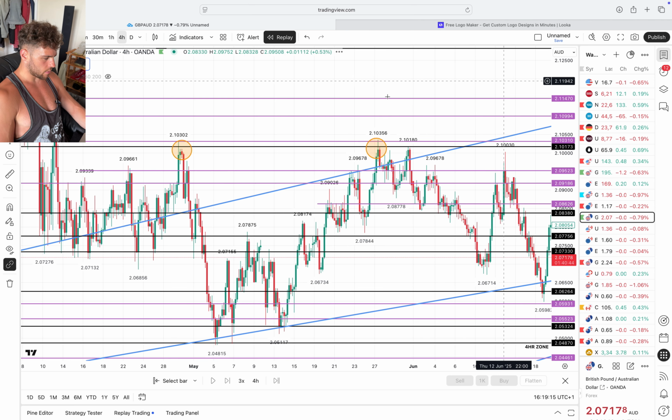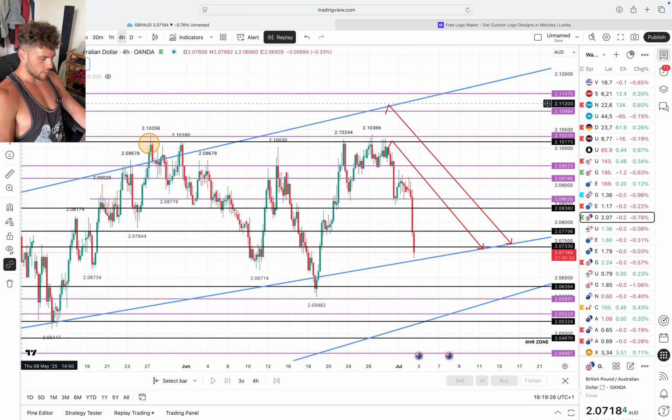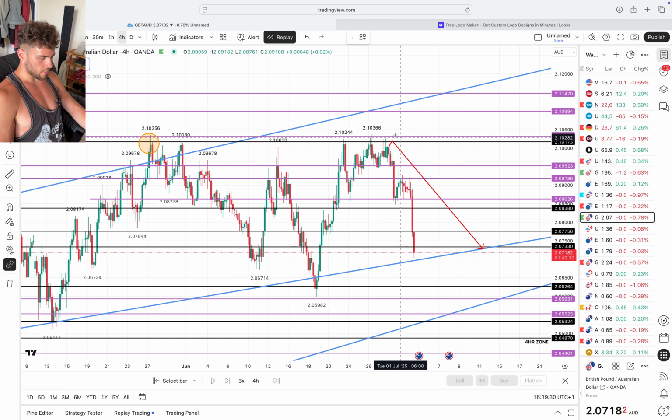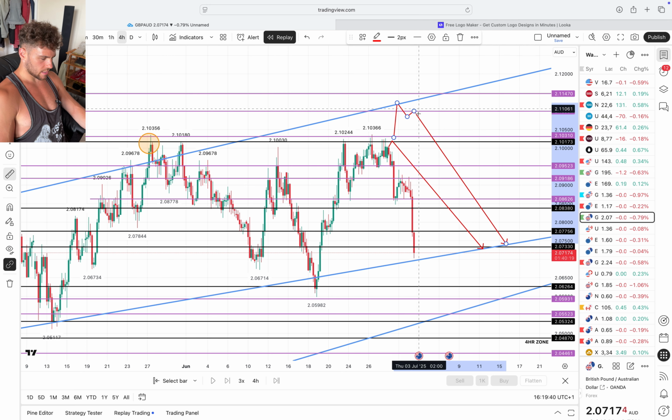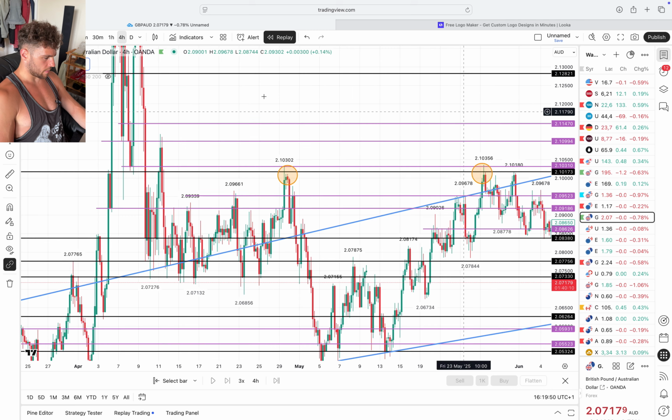Let's look left and it will tell you. As you can see, we rejected this level on both sides, so it reacts as a really, really nice level there. So I probably would have waited, if we come back up to this level, say if price broke this level, came up, rejected the trend line, I probably would have waited for the break, potentially a retest, and then come back down, as you can see, with my stop loss at the break of the highs here at 211,470, because as you can see, I've marked it as a zone, so we clearly get some rejection around this point here.